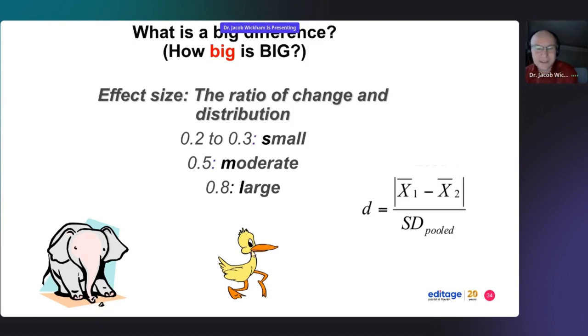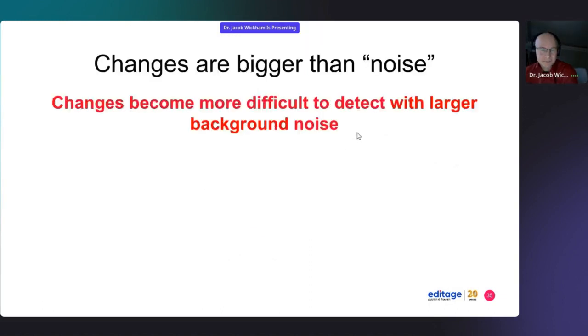Moderate is described by the duck here at 0.5, or you can have a very small effect size, which is 0.2 to 0.3. And this shows the strength of the difference between the two means of your population.